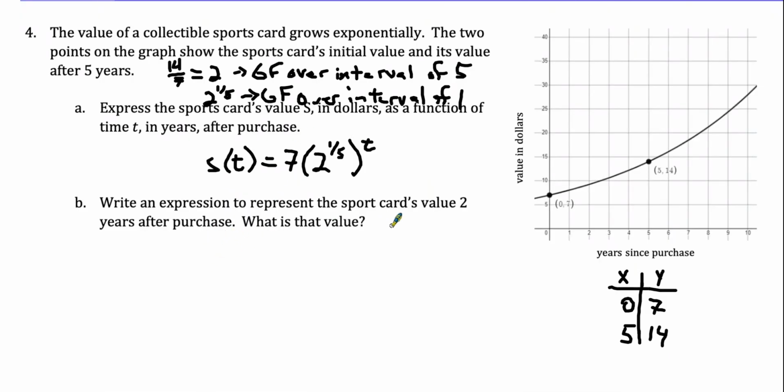And then if I want to figure out the value of the card 2 years after purchase, all I have to do is plug 2 in for t here. So I can say s of 2 equals 7 times 2 to the 1/5 power to the 2nd power.